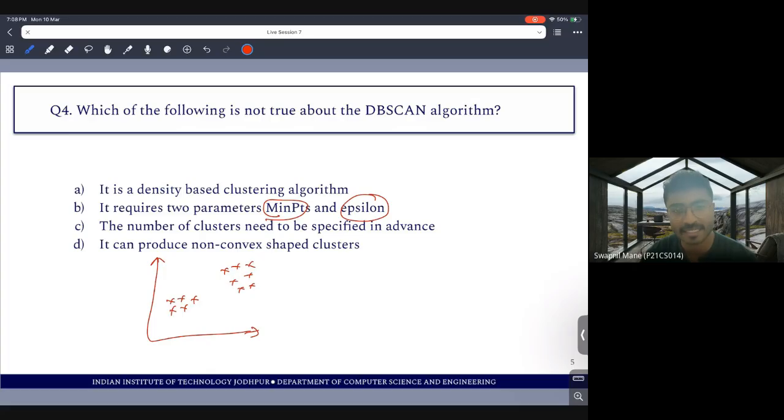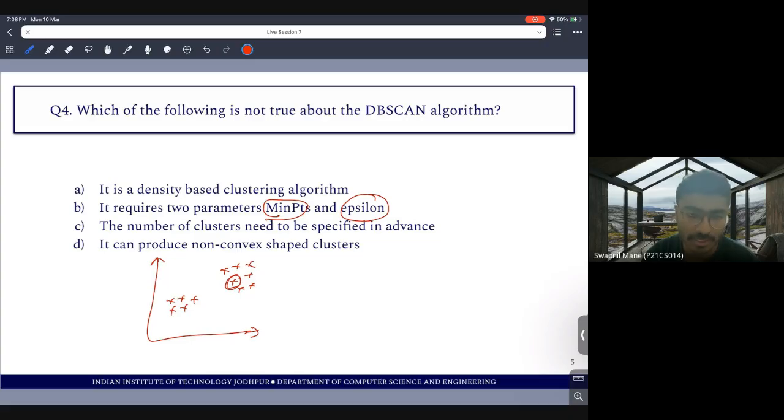DBSCAN is a density-based scanning algorithm, a density-based clustering algorithm. So how is the density calculated here? Let's discuss it. We have this much of distribution, and we want to find the density of this point.